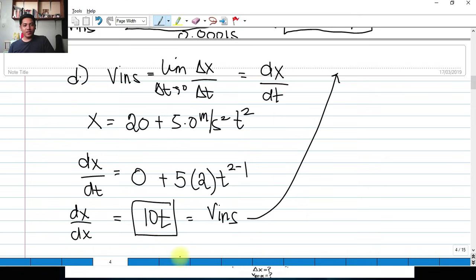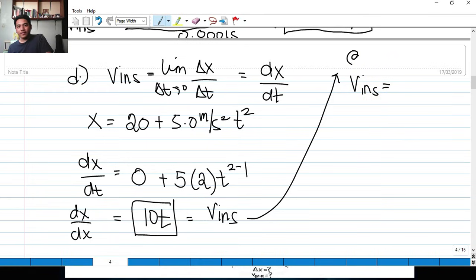So let's try. The problem before was asking what is the instantaneous velocity of the cheetah at 1 second. We can compute for that.